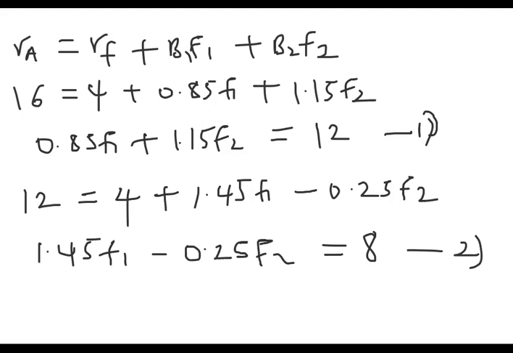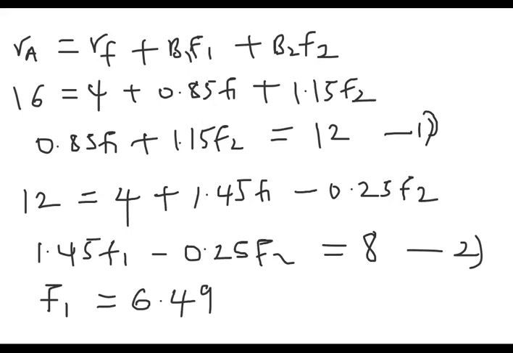So when you solve it simultaneously, factor 1, which is the same as the risk premium for factor 1, equals 6.49.